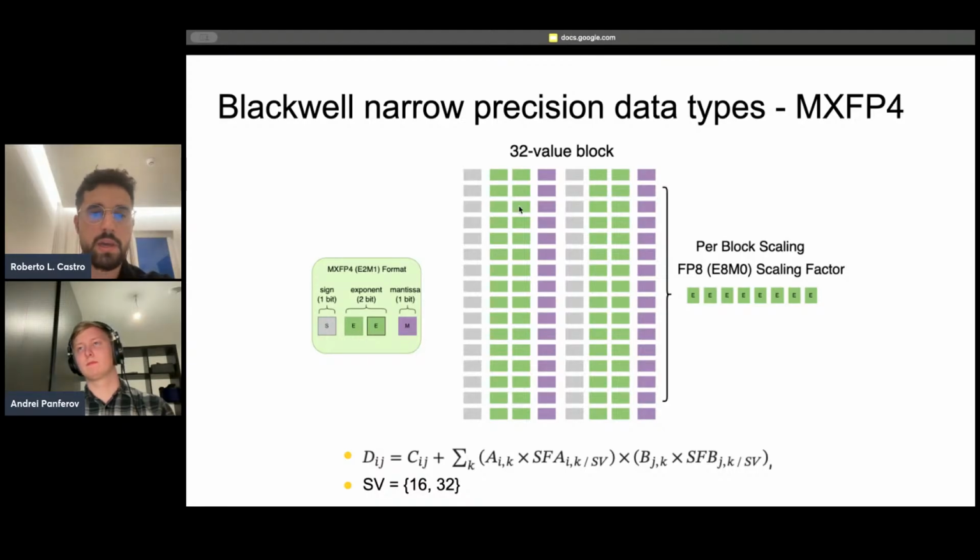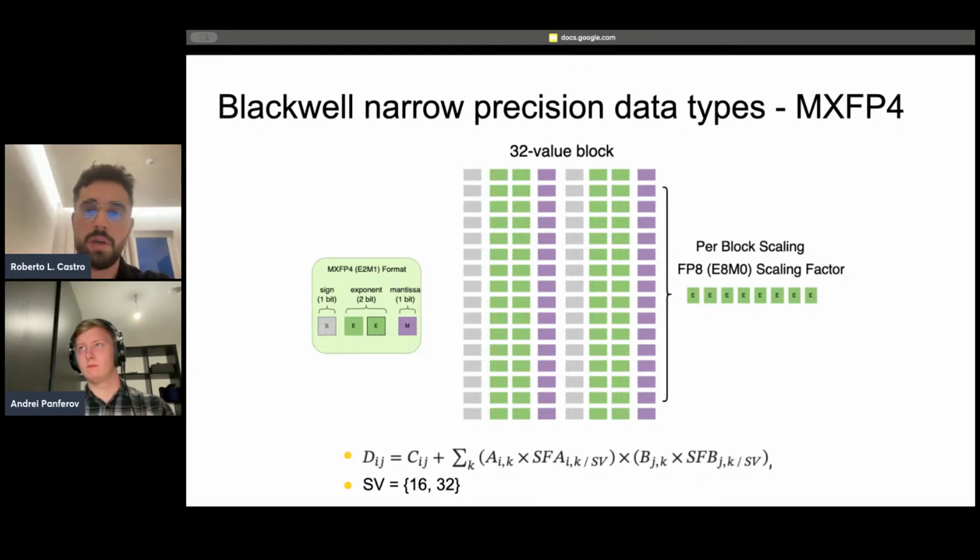And then if this matrix in the middle is our matrix, for each column, each group of 32 elements is going to be assigned a scaling factor.